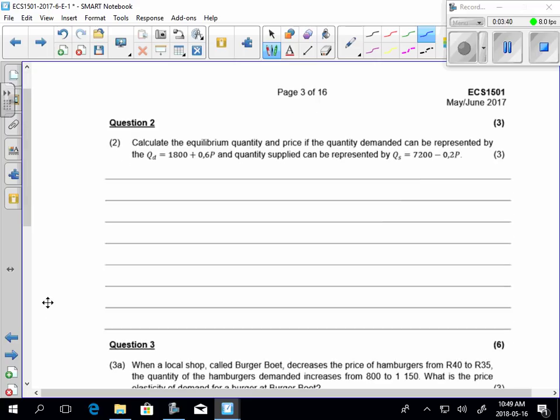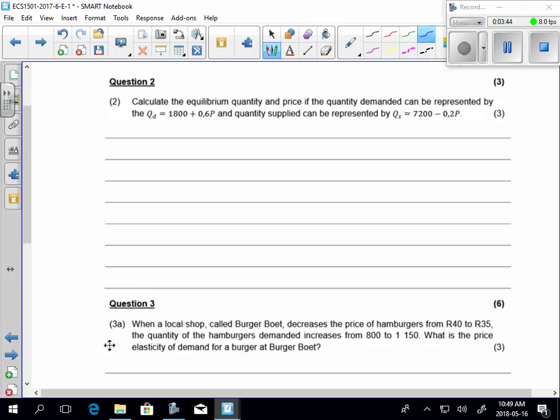All right, question 2, calculate the equilibrium price and quantity. All right, so obviously on your supply and demand graph, that's where they are equal to each other. That's where they intersect. In this case, you just need to equate your two equations. QD equal to QS. QD is 1,800 plus 0.6p equals.